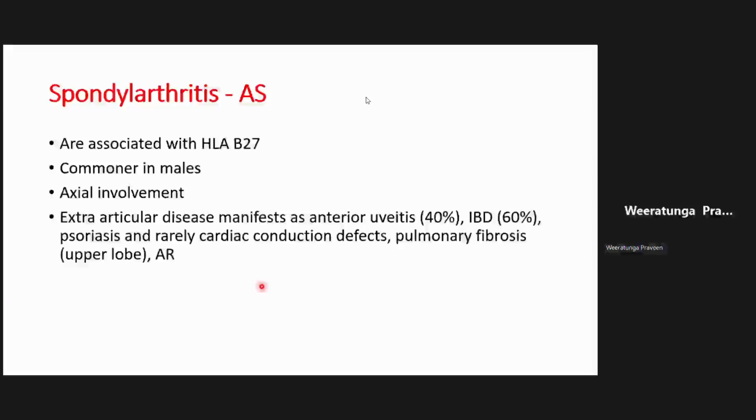And then finally, they can also have various extra-articular manifestations, which are listed in point 4 in this slide, like uveitis, aortic regurgitation, and upper lobe pulmonary fibrosis. So that is the typical common pattern of spondyloarthritis. Of those, ankylosing spondylitis is the prototypic or classical disorder that we talk about. But there are other causes of spondyloarthritis, like some types of psoriatic arthritis, for example.